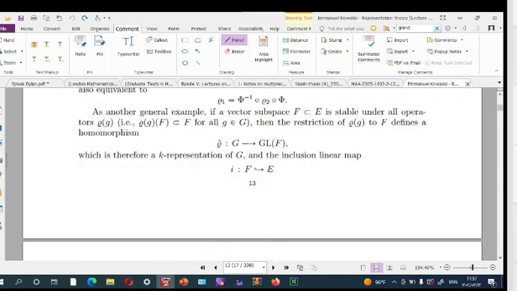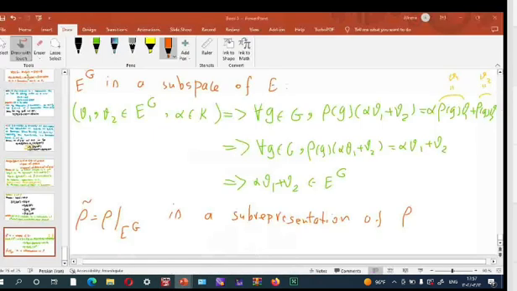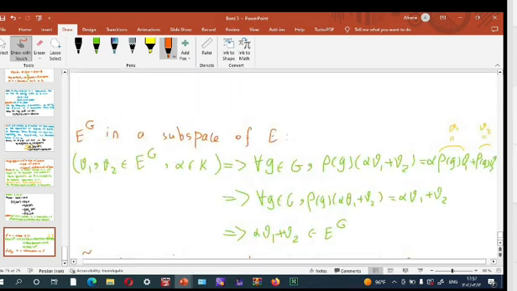In the previous example, we saw this for the restriction representation. Okay, we saw this for the restriction, and also we don't need to prove this again.